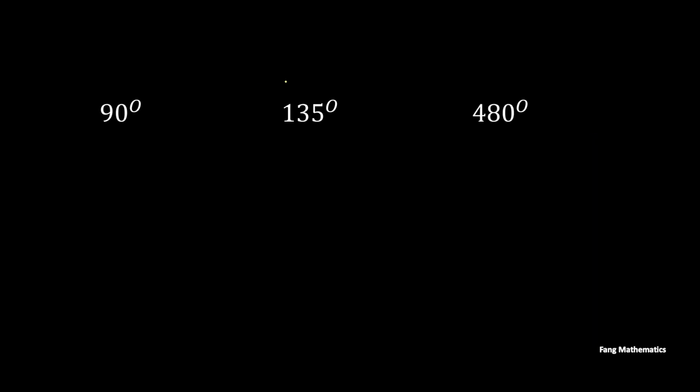We are now to convert degrees into radian. 180 degrees is equal to pi radian. Let's look at the first question. 90 degrees, you are to convert that into radian. So the first question is, which expression, 180 degrees or pi, you are to put in the opposite of the 90 degrees?